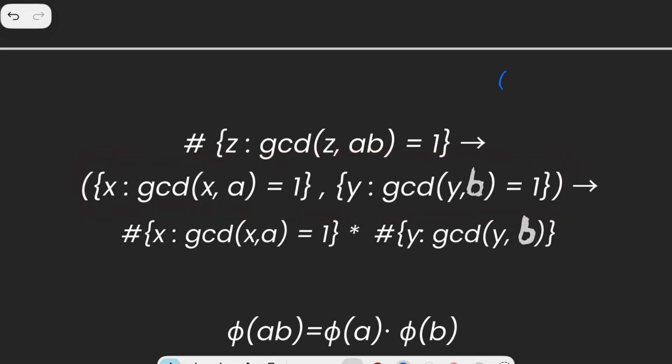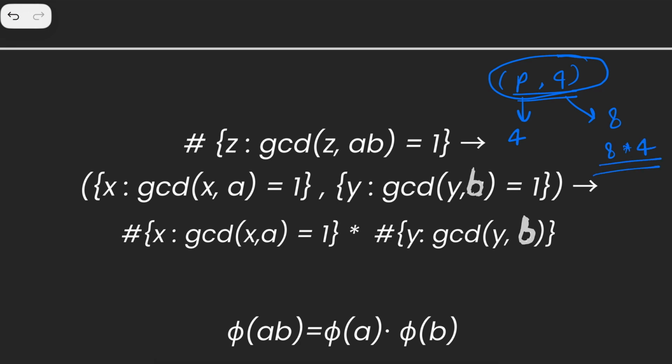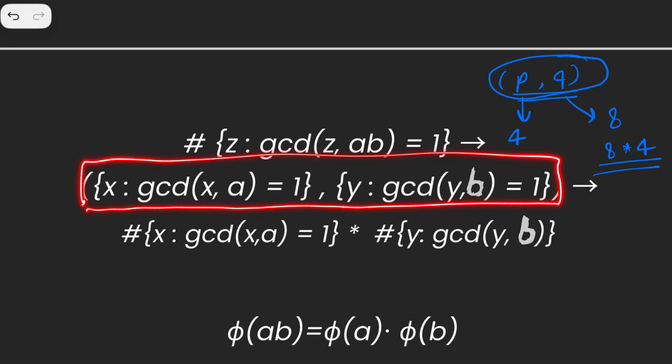Let's say you have P and Q. P can take 4 values and Q can take 8 values. Then total number of different combinations of P comma Q you can have is 8 into 4, right? So here also we need to count the pair of X comma Y such that GCD of X comma A is 1 and GCD of Y comma B is 1. Remember, we need to count the number of pairs.